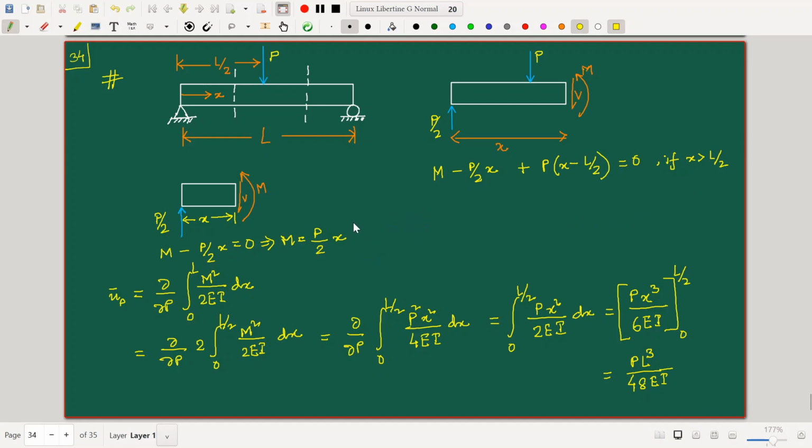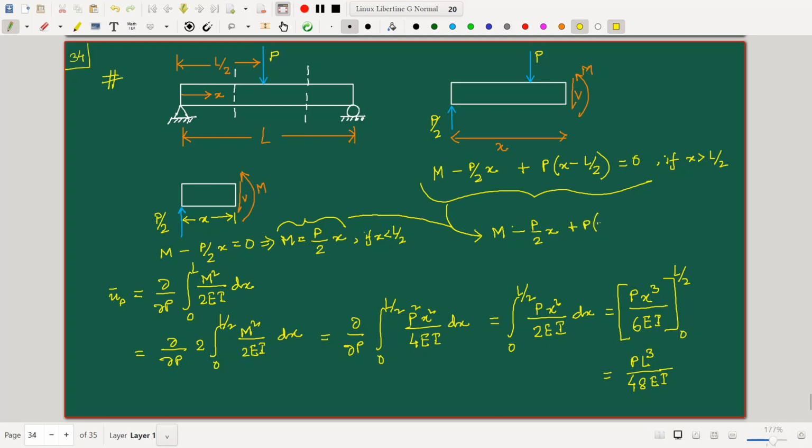How do you connect this particular thing and this particular thing? Please note that this is correct for x less than L by 2. So we connect these two things together by saying that m is, we write it like this, minus P by 2 x. That is not a problem.